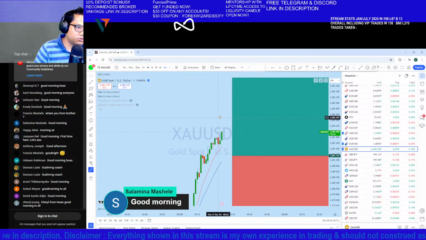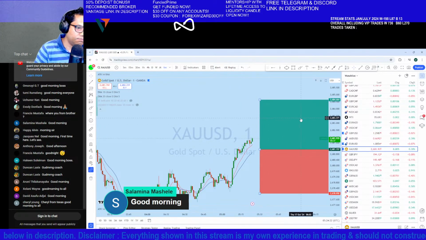You can see the market trying to bounce from this level.